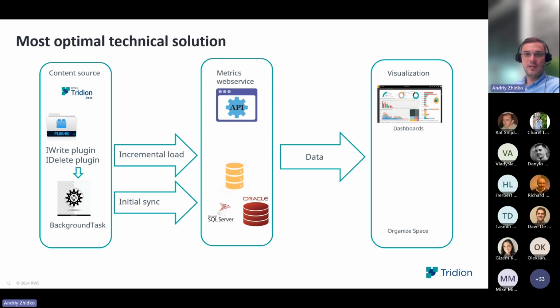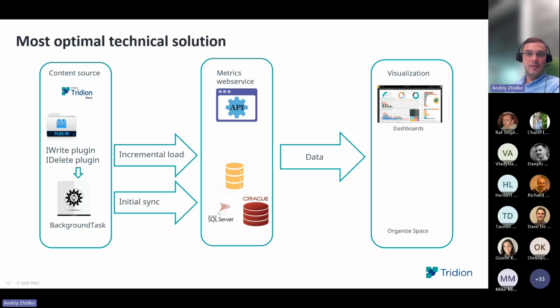It can be used as an example to export data to other external storages where different BI tools can be used. The chosen architecture allows to reduce load on content manager APIs compared to the other possible alternative technical solution where data could be exported using the Tridion Docs API, for example.